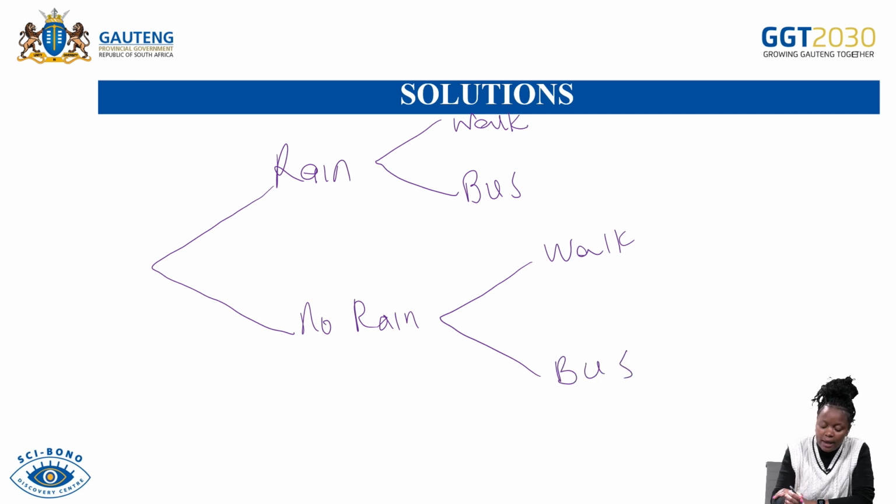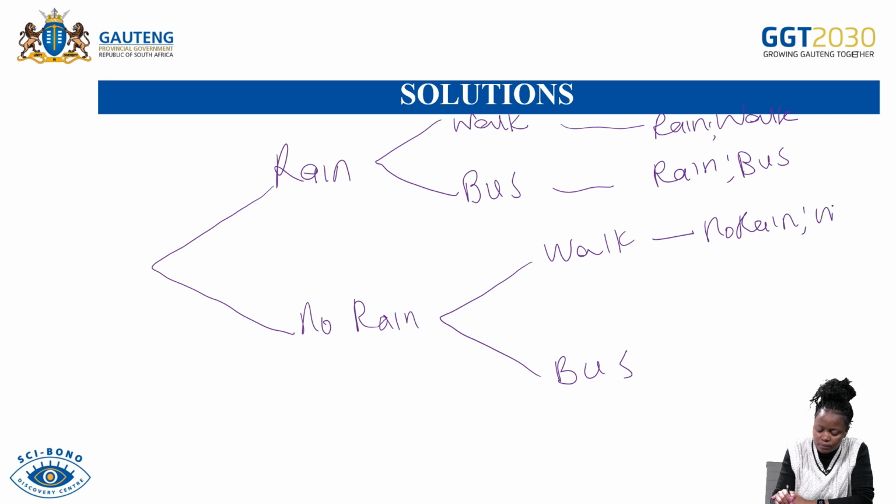And then the outcomes: it is going to be rain and walk. And then if it rains, she can take a bus. And then if there is no rain, she can walk. And then again, if there is no rain, she can take a bus, right? So these are my outcomes.